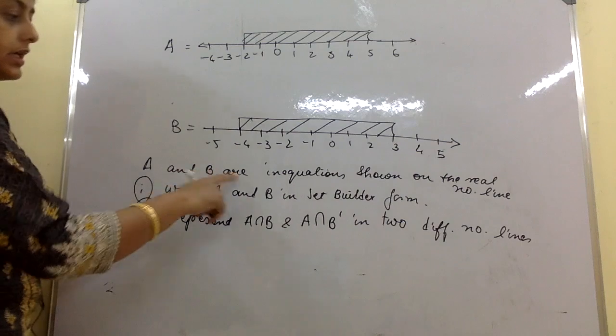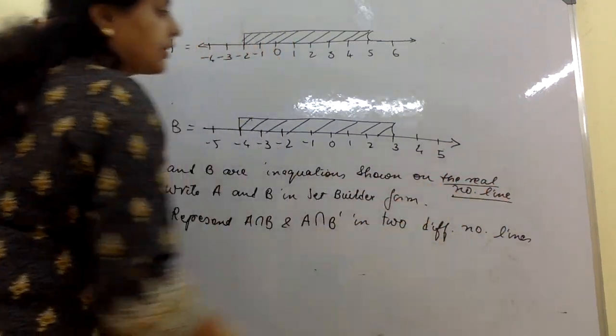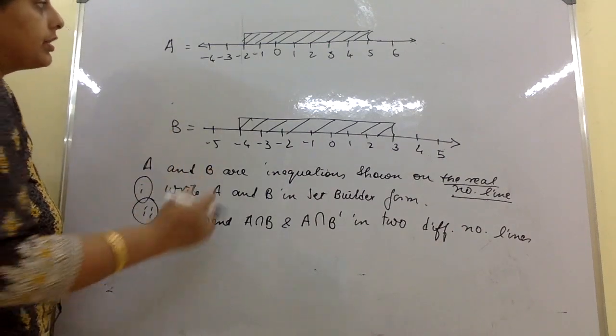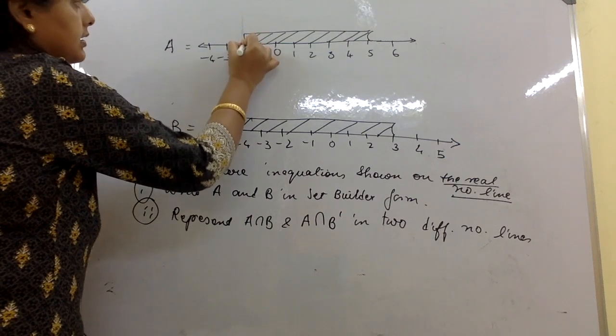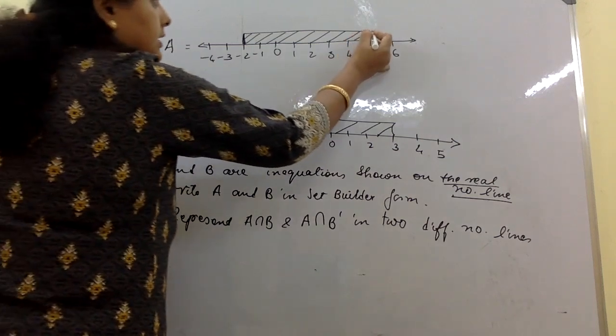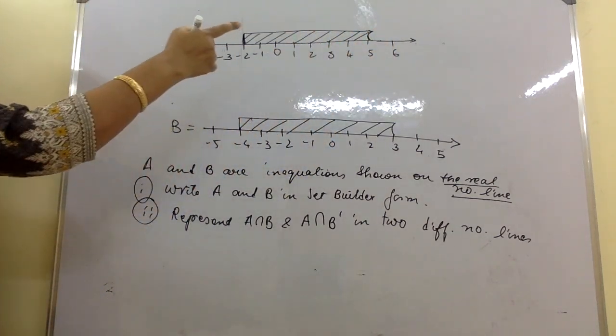Remember, they have told us A and B are inequations shown on the real number line. So how do we show it on the real number line? Now here, this is one straight line, and look, this is a curved line. Now what do this straight line and the curved line mean?